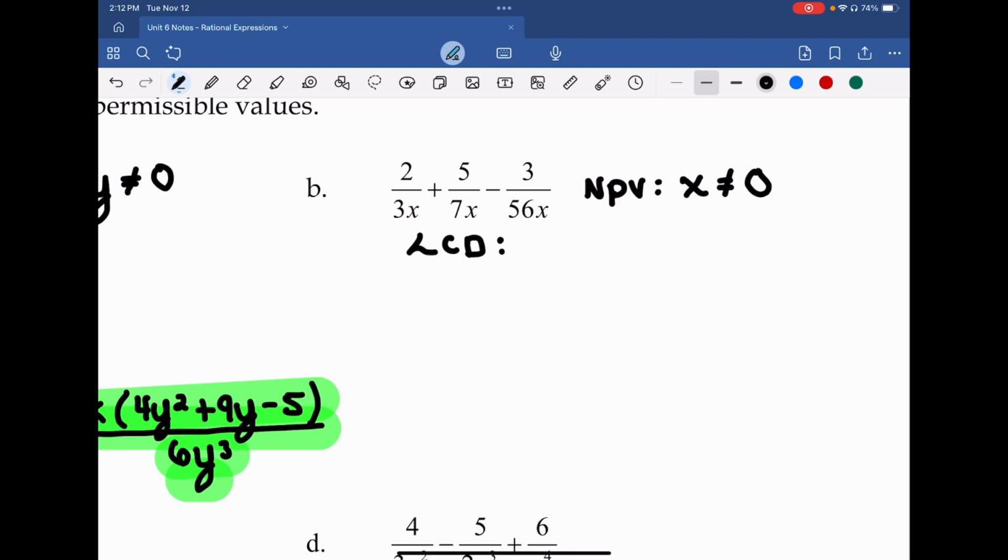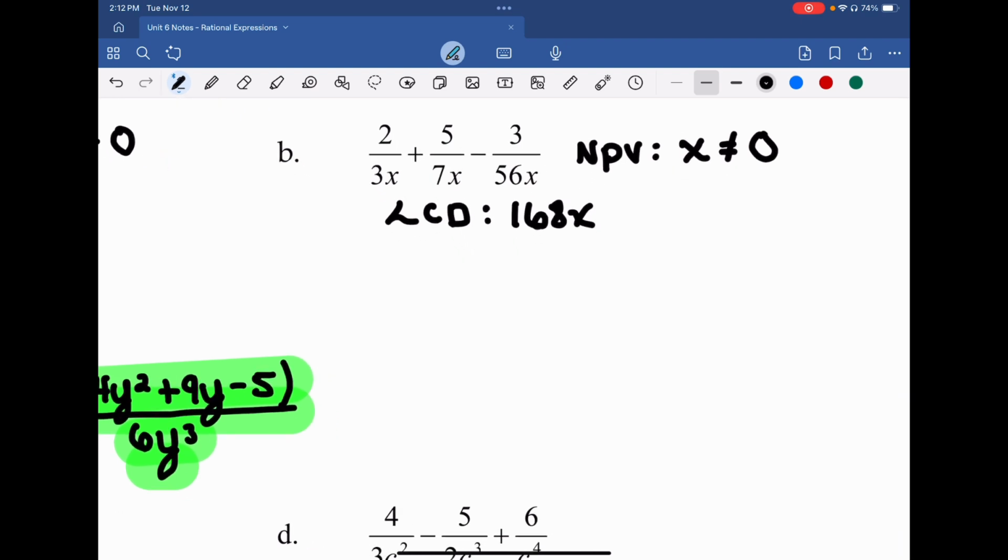If I divide 168 by 3, it is divisible. If I divide 168 by 7, it is also divisible by this term here. And so, in short form, our common denominator, or LCD, is 168x, because 168 is the first number that all of these are evenly divisible by.